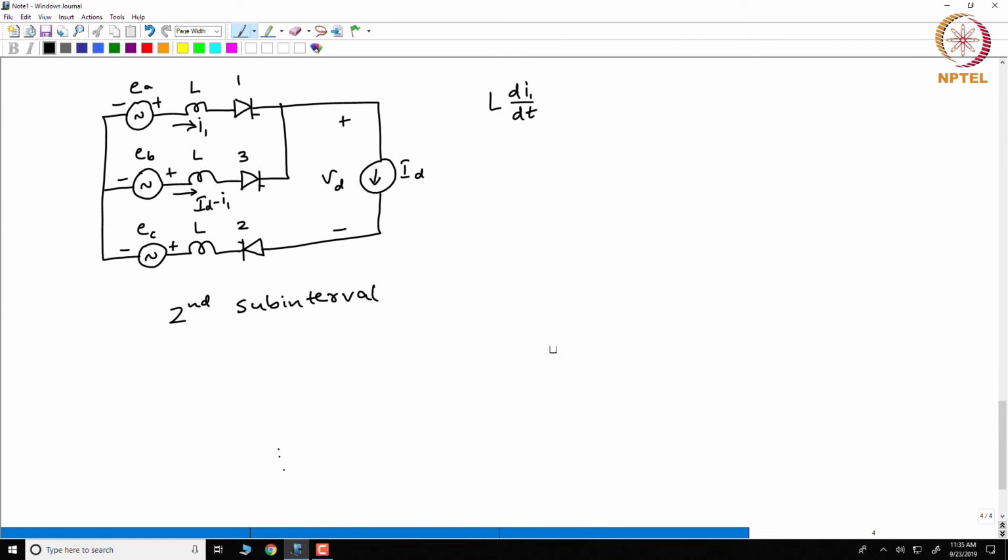So what I have is L di1 by dt minus L d by dt of ID minus I1 is equal to EA minus EB.